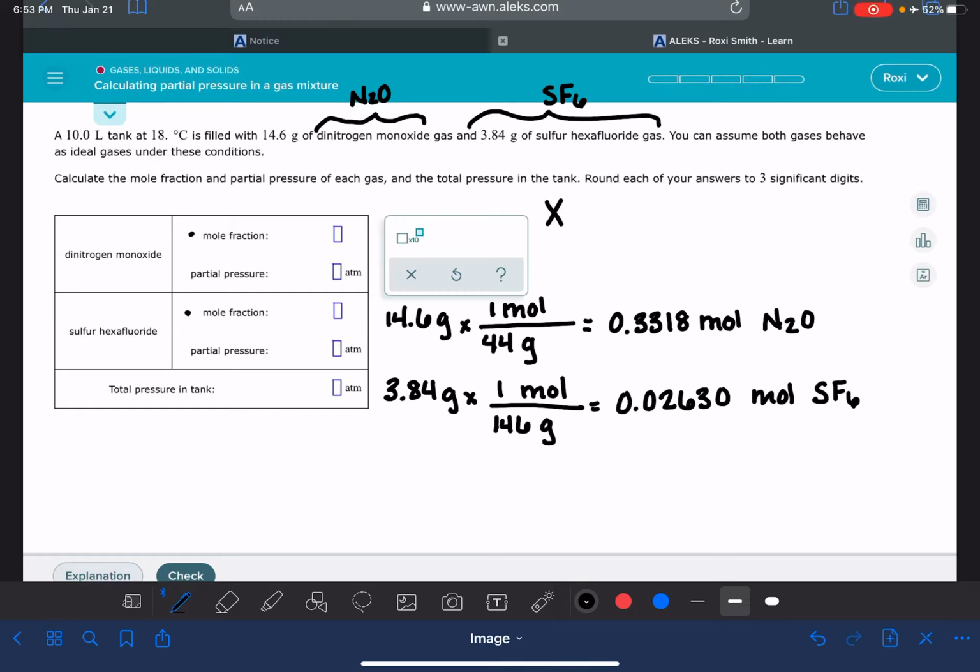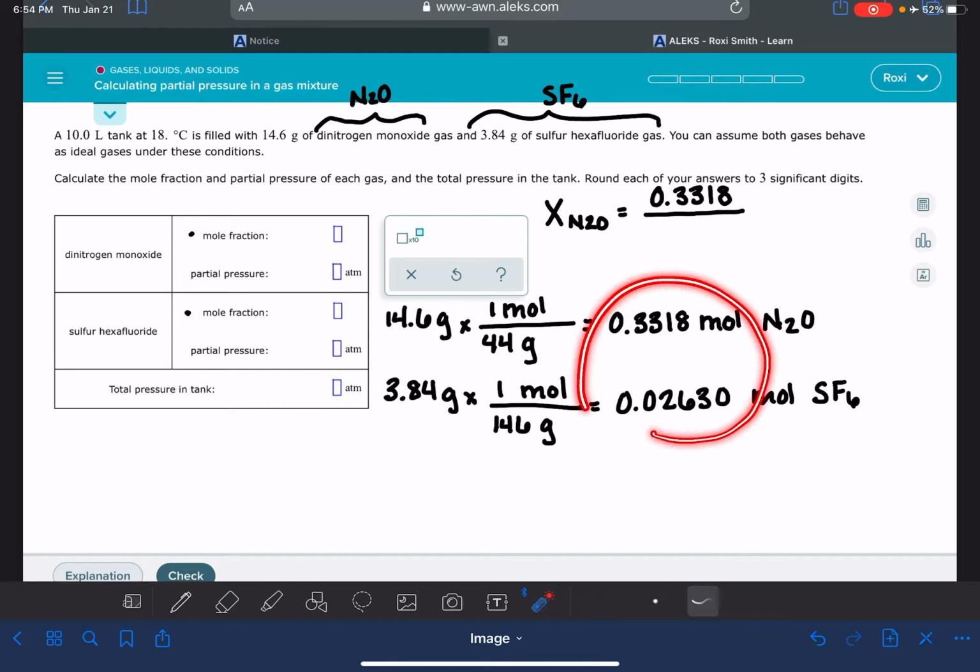The mole fraction of N2O is going to be the total moles of N2O divided by the total combined number of moles of both of the gases together. So I'm going to add that up real quick. These two gases together, total number of moles is 0.3581. And again, that's adding these two numbers together.